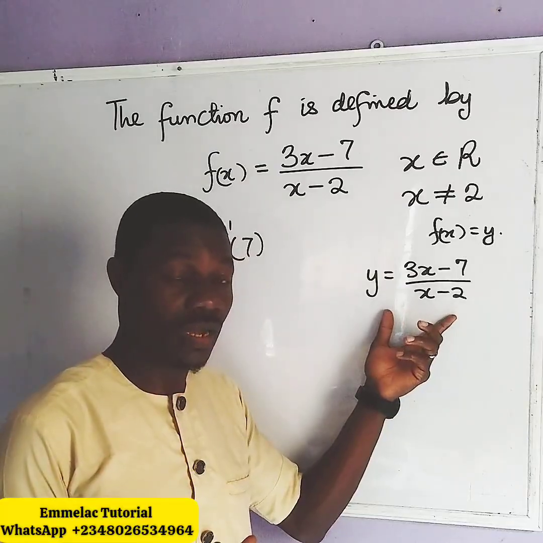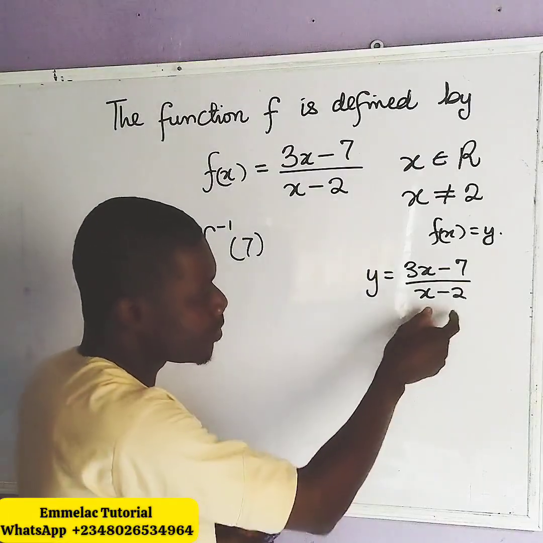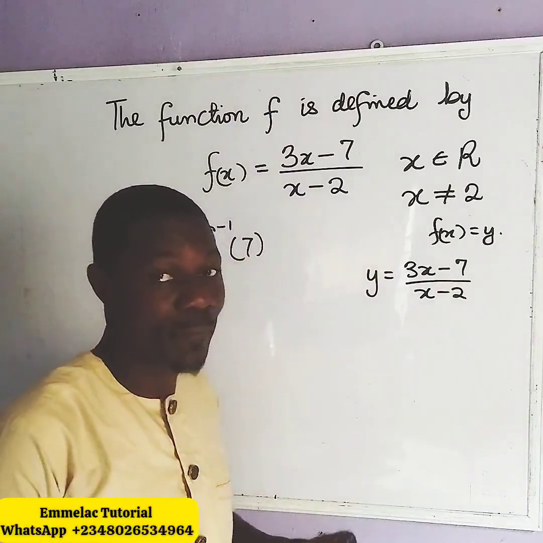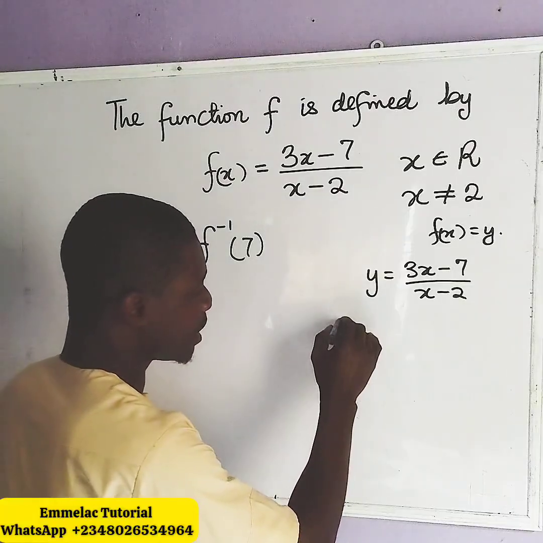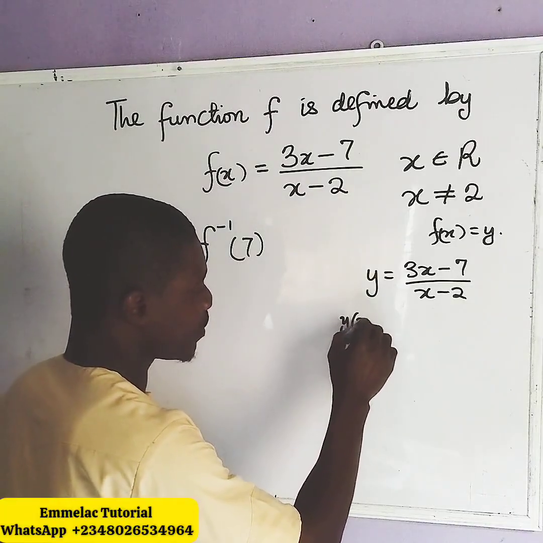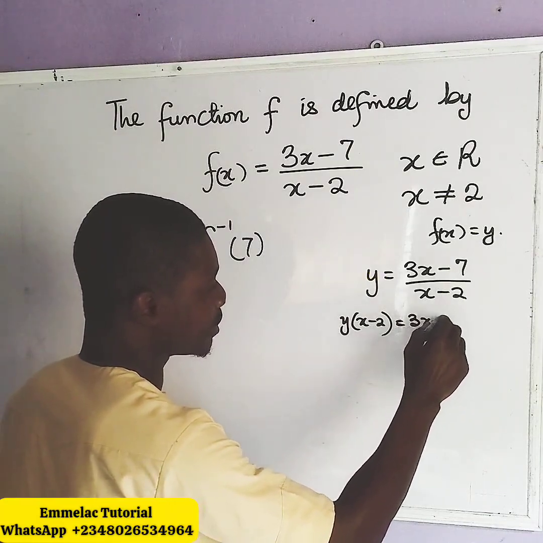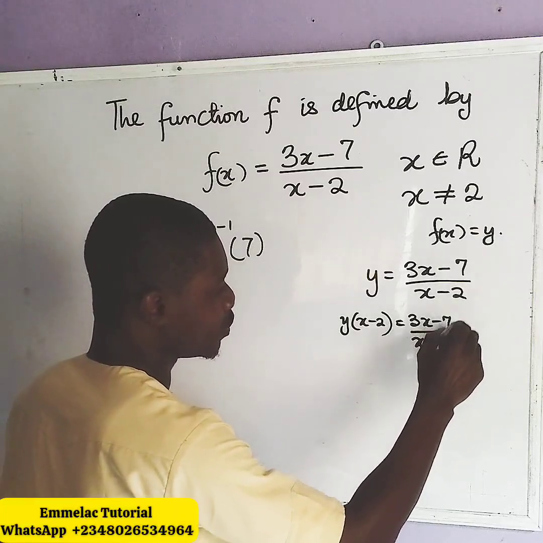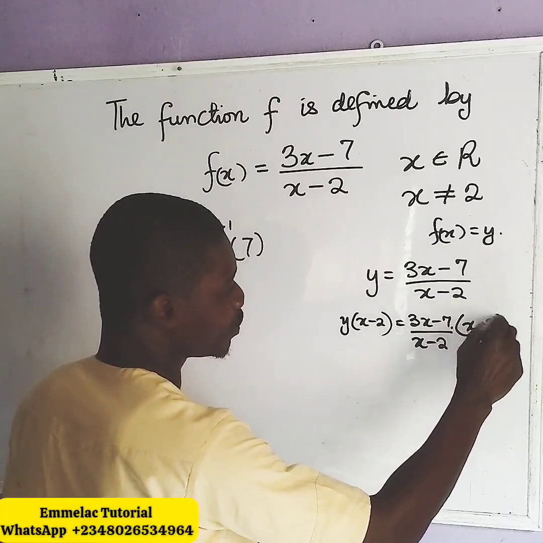First, let's multiply both sides by the denominator, which is x minus 2. When we multiply both sides, we end up with y into x minus 2 equals 3x minus 7 all over x minus 2, then multiplied by x minus 2.